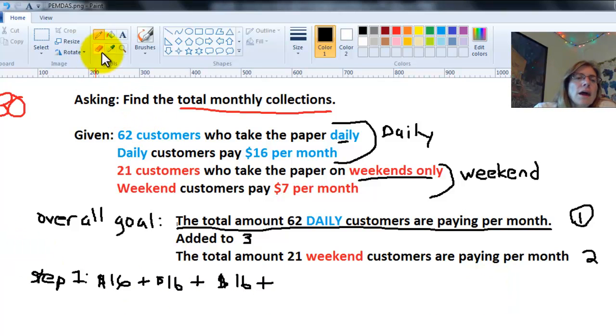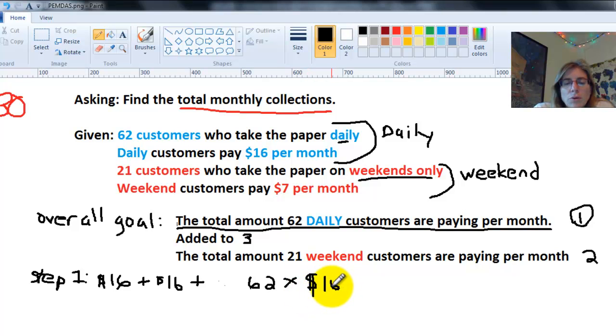Well, that's the same thing as saying he's collected $16 62 times, $16 from 62 customers. So it becomes a multiplication problem. So step 1 is to say 62 times $16 will give you the total amount collected from the daily customers.